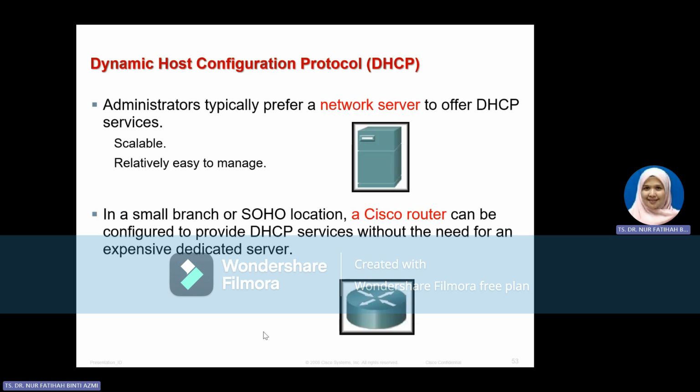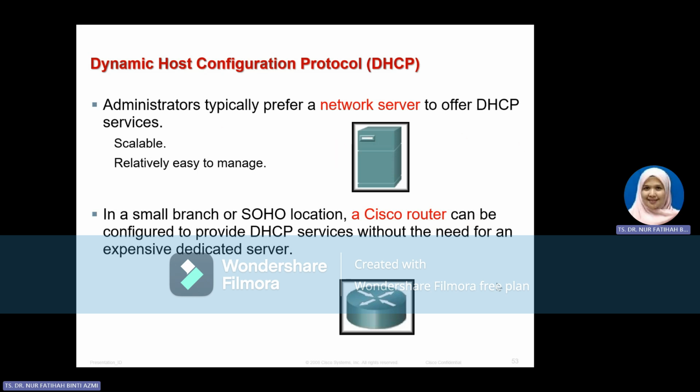So let's talk about who usually takes on the role of the helpful DHCP server that hands out IP addresses automatically. Generally, network administrators in a larger organization prefer to use a dedicated network server to offer DHCP services.